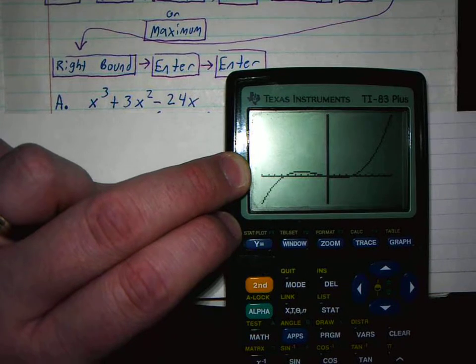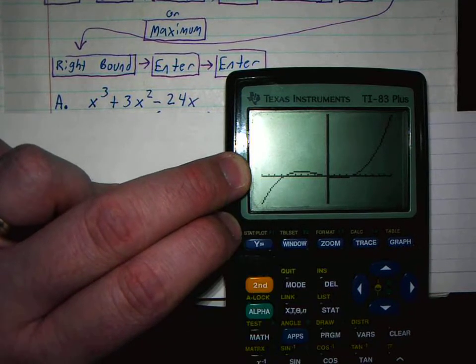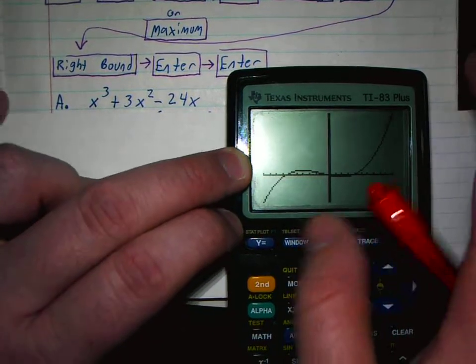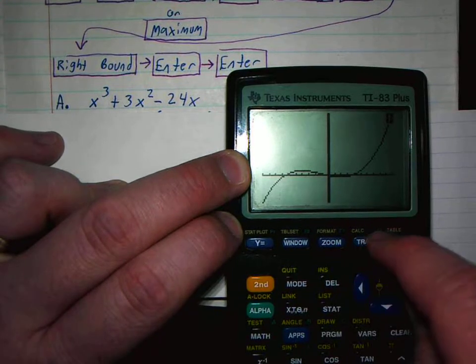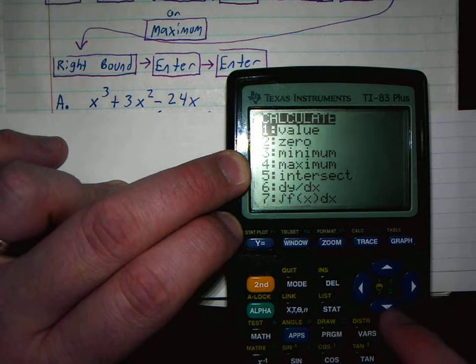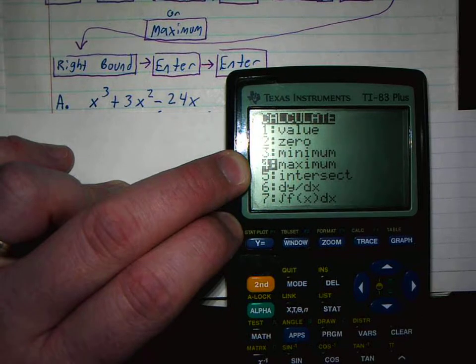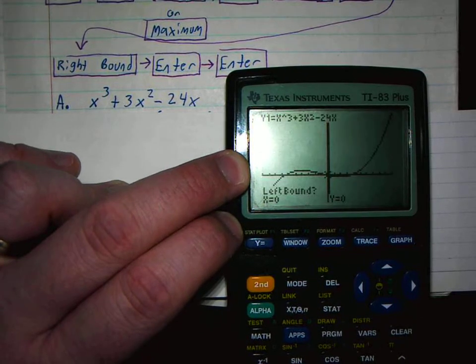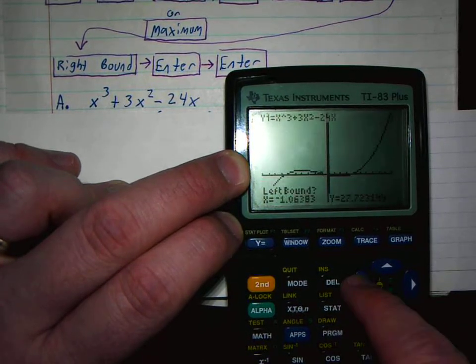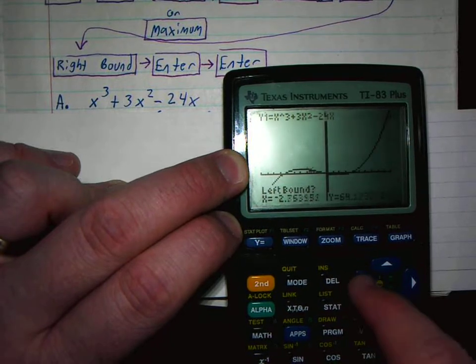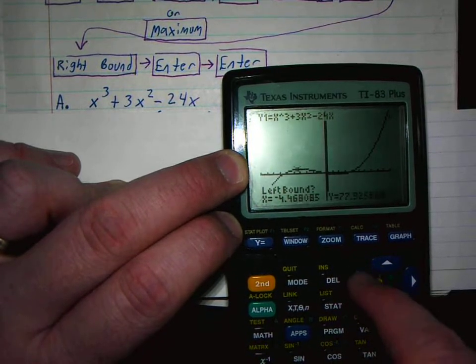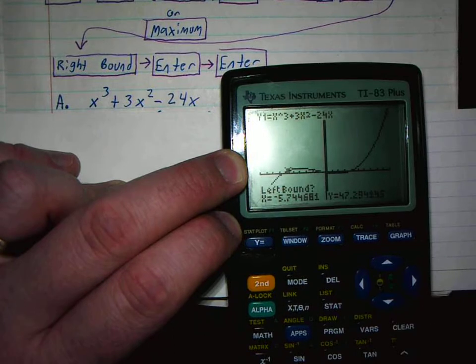Okay? And in case you don't remember from quadratics, directions up there, so we go second calc, max. And then remember, when you're trying to calculate the max, you have to move the cursor to the left side of the max. Anywhere on the left side of the max will work.